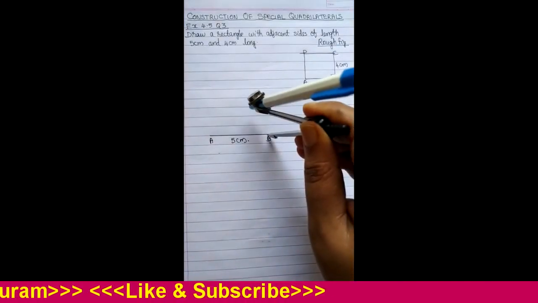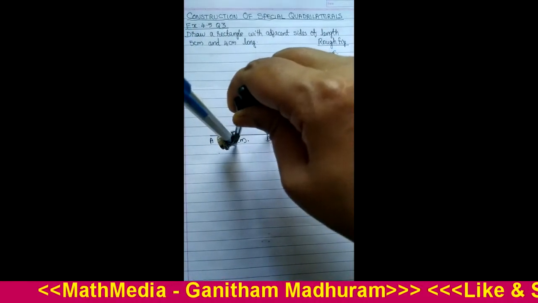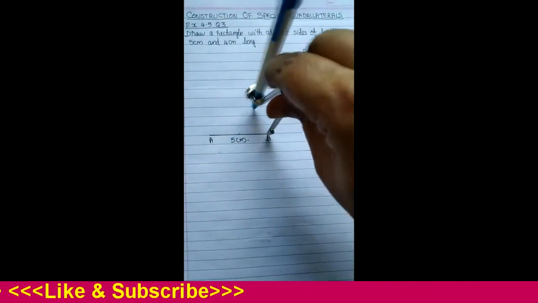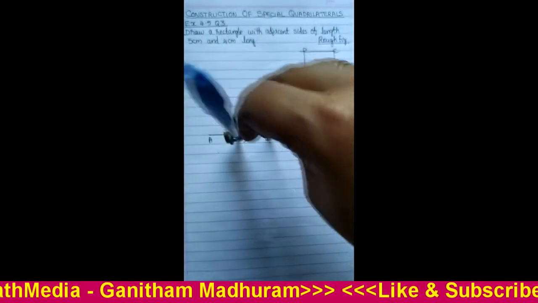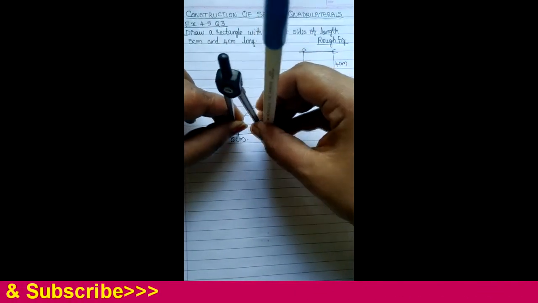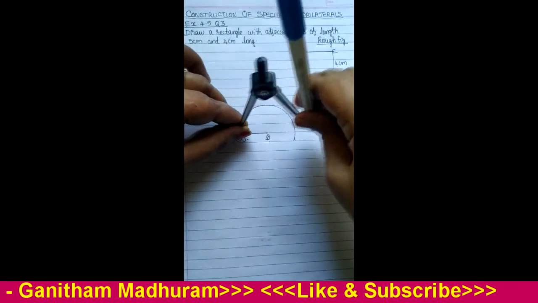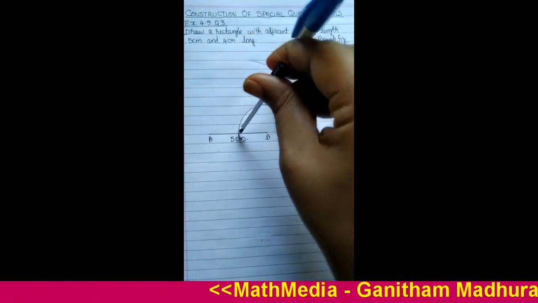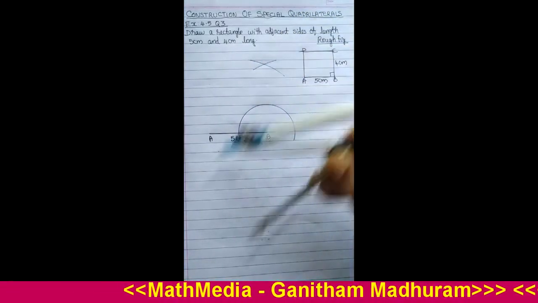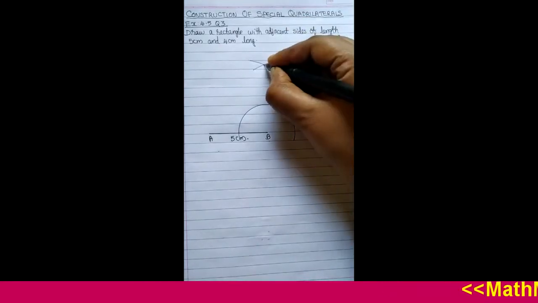Now at B we have to construct 90 degrees. Mark this as X. Now join BX.